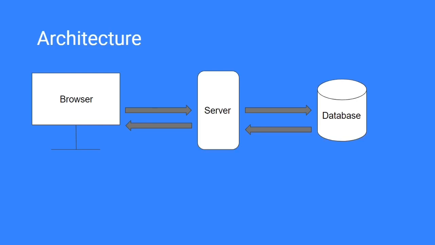So normally, whenever a user requests something on the browser, that request is sent to the server. Server does some processing on the request, and if it needs to interact with the database, then it connects with the database, brings the data, and sends back the response in the form of JSON or any UI HTML format, right? And that response will be rendered on the browser. This is a normal scenario.